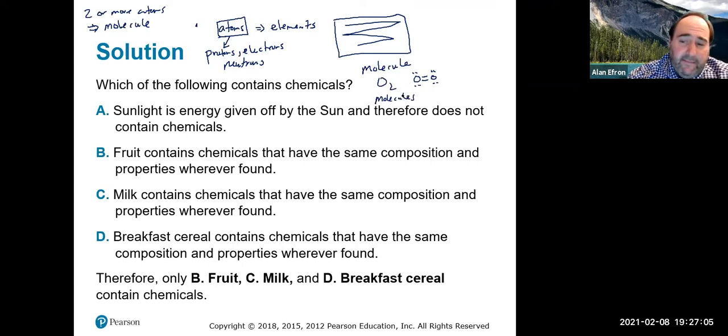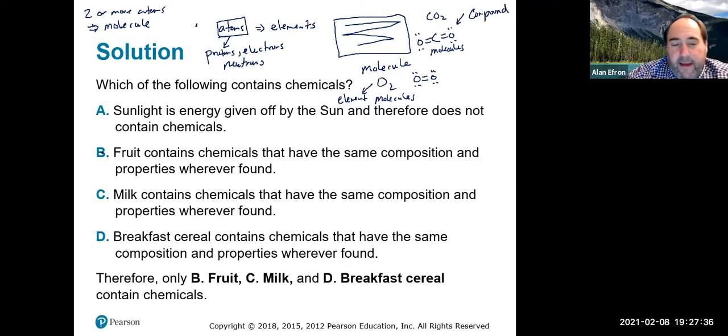They happen to be the same element, and that would also make this an element. We could also have something like CO2, which is one carbon and two oxygen atoms bound together. This is also a molecule because it has two oxygen atoms and one carbon atom. This is also, though, referred to as a compound.